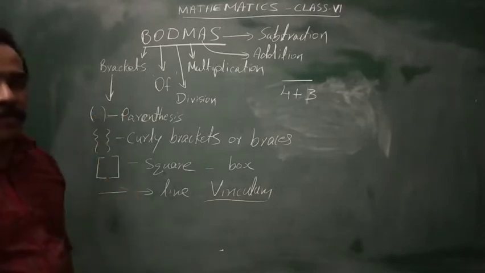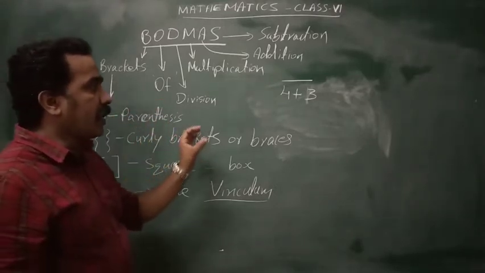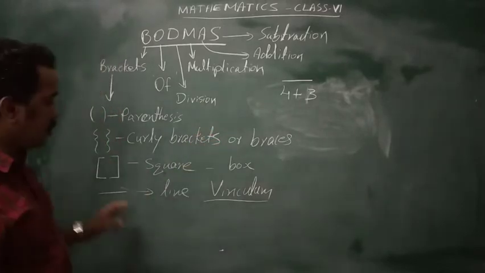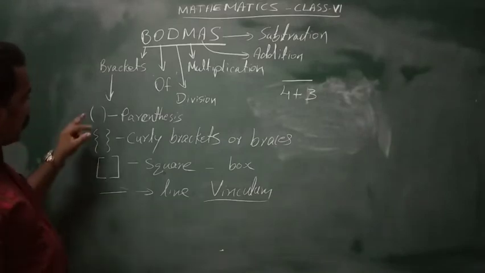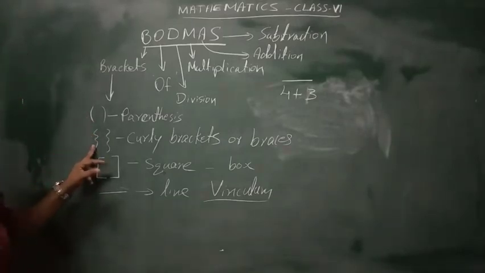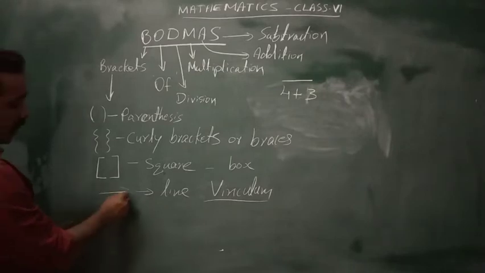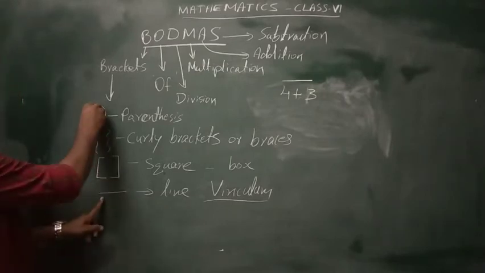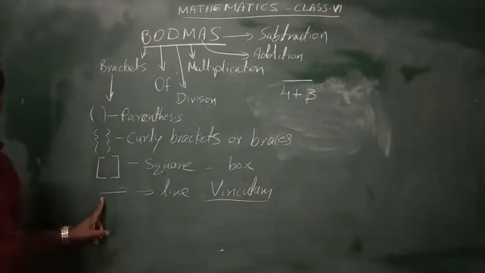So the order of solving an arithmetic expression inside the bracket is first vinculum, then parenthesis, curly bracket, and square bracket.